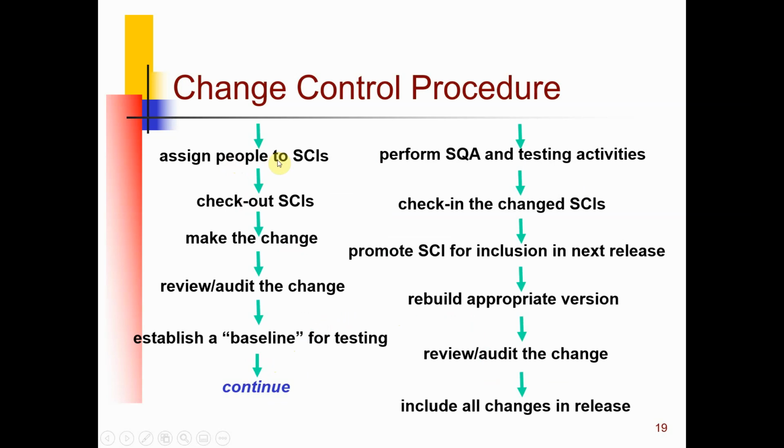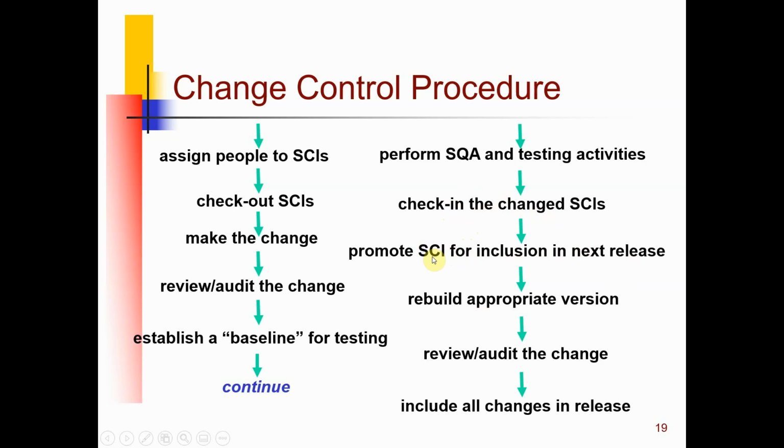Then we assign people to work on the related item, check out the item, make the change, and review the change. Once it is reviewed, we establish a new baseline for testing and SQA. Then eventually we check in and promote the SCI for inclusion in the next release. So this is version control now.